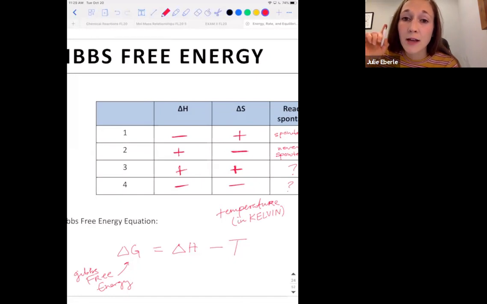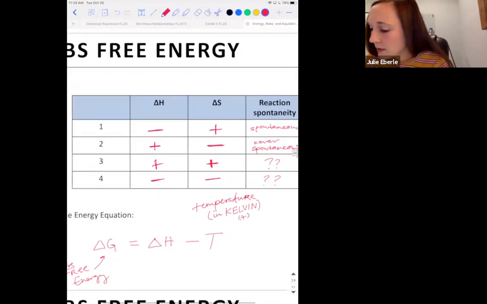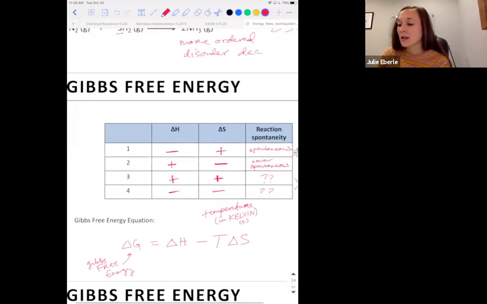And I'm going to make a point here. On the Kelvin scale, remember, we don't have negative temperatures. The lowest absolute number on the Kelvin scale is 0. You can never, ever, ever have a negative Kelvin. So it always has to be positive, or it could be 0. But minus T times delta S. That is our Gibbs free energy equation. Delta H minus T, the temperature in Kelvin, times delta S.